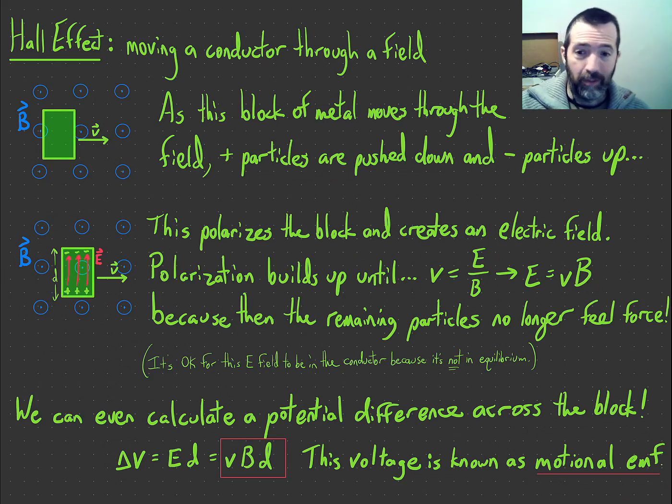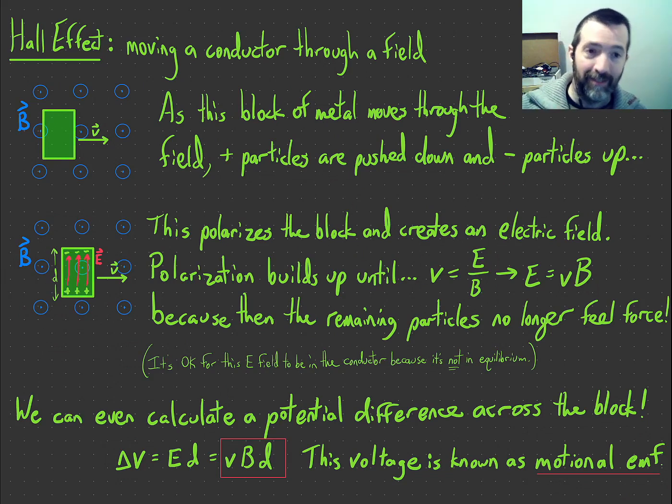Similarly, this block is not in equilibrium either, because, without getting into specifics, there's a bunch of stuff going on. If you stopped forcing it to move through the field, then it would be in equilibrium, and the charges would redistribute themselves in order to get rid of the electric field.